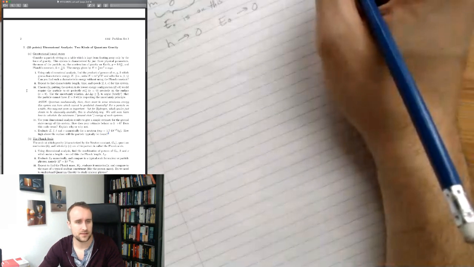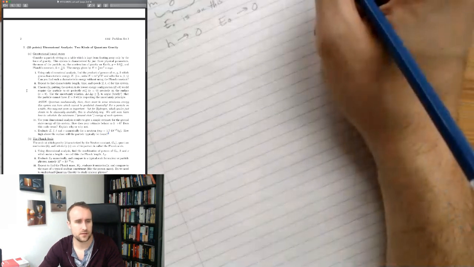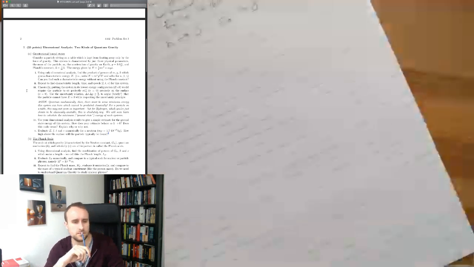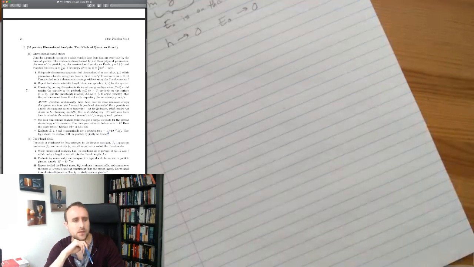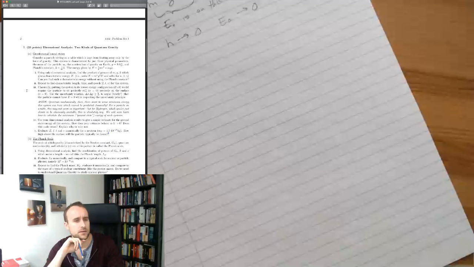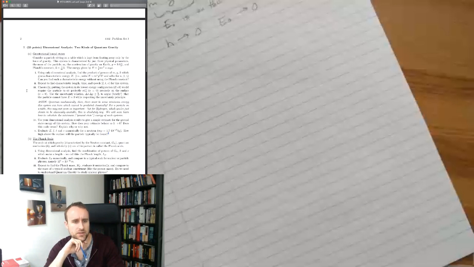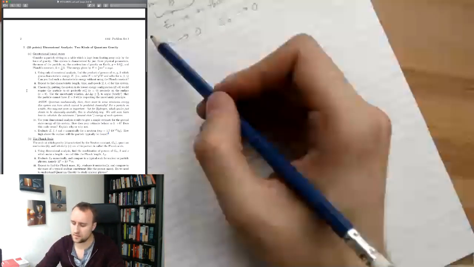I mean, it makes sense in the sense that the uncertainty relation is defined in terms of Planck's constant, so I would imagine that makes sense. Okay, I'm not going to be able to explain this, but I think that's what we're trying to say here.